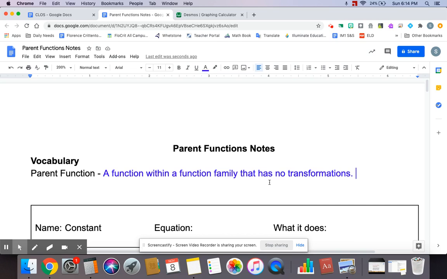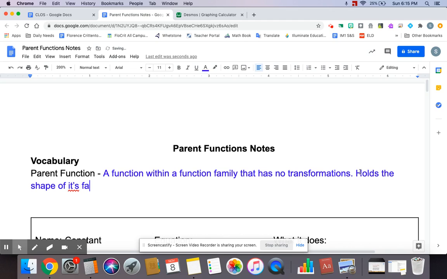There are tons of different function family types, and each function family type has its own different shape. So it holds the shape of its family. Based on what type of function it is, it'll always make a certain shape. And the parent function is the one that has no transformations on it.